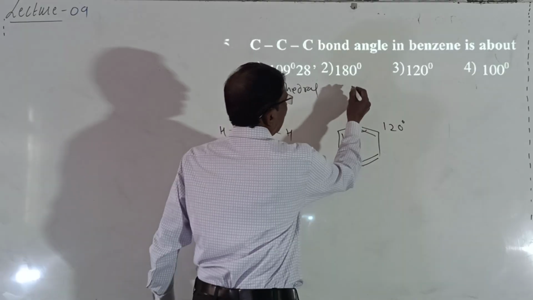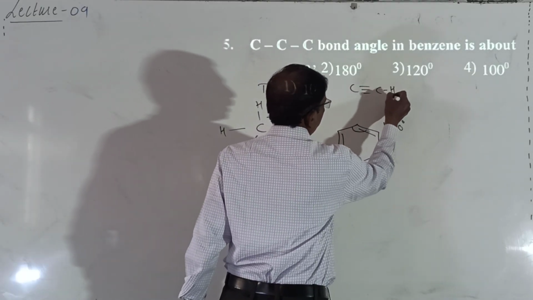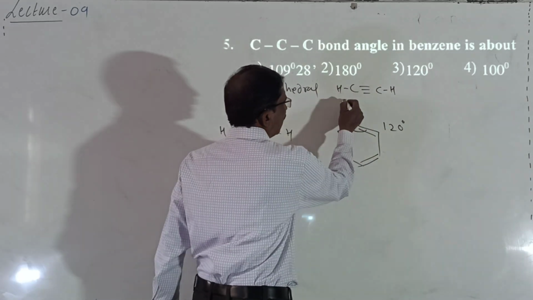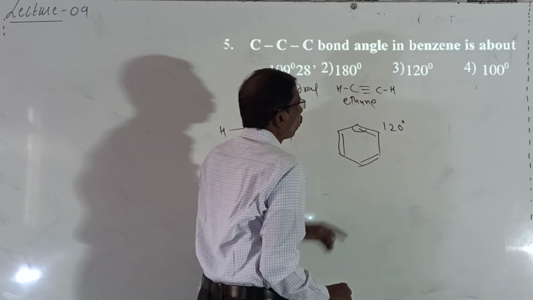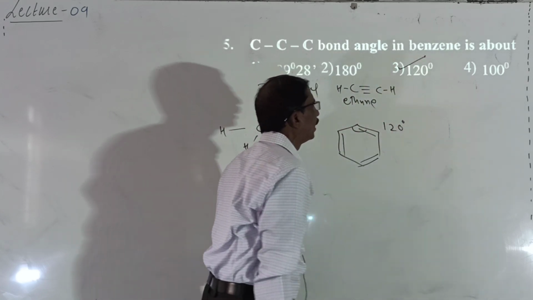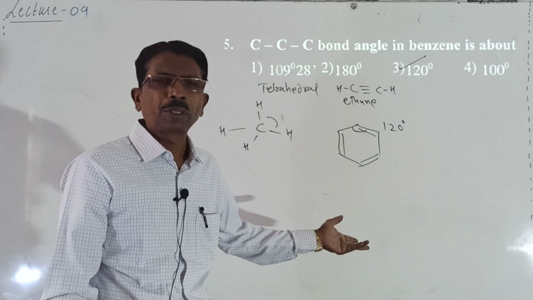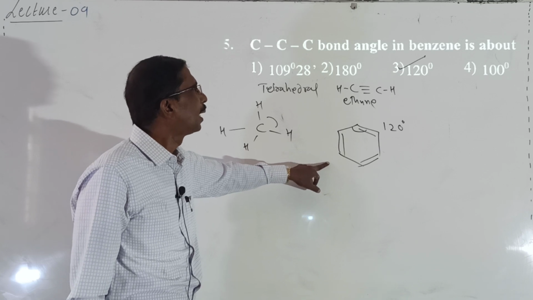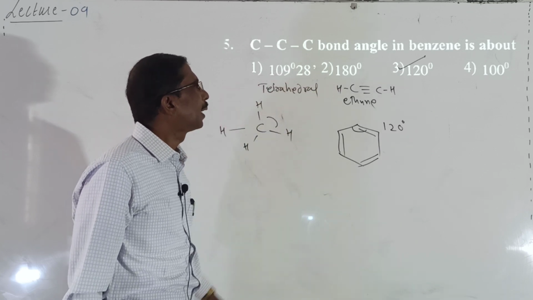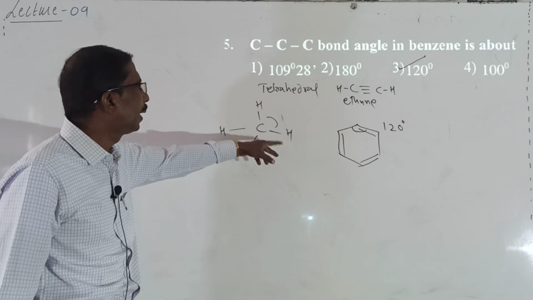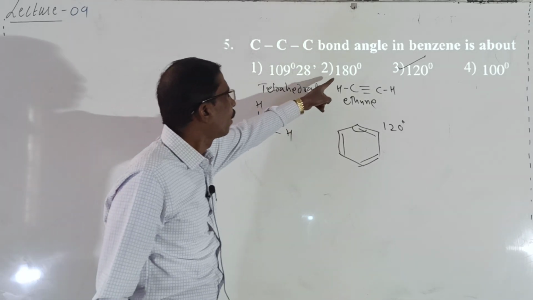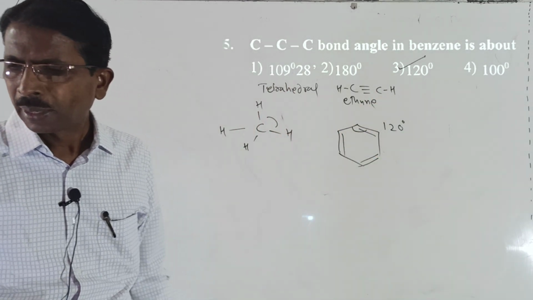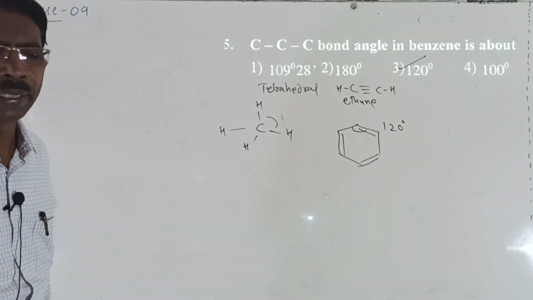And 180 is linear. So which is linear? Ethyne is linear. And 120 is benzene. And the other option is about isomers. So the answer here is that the carbon-carbon bond angle in benzene is about 120 degrees. So 109 degrees is tetrahedral, 180 degrees is ethyne, which is linear, and 120 is benzene.